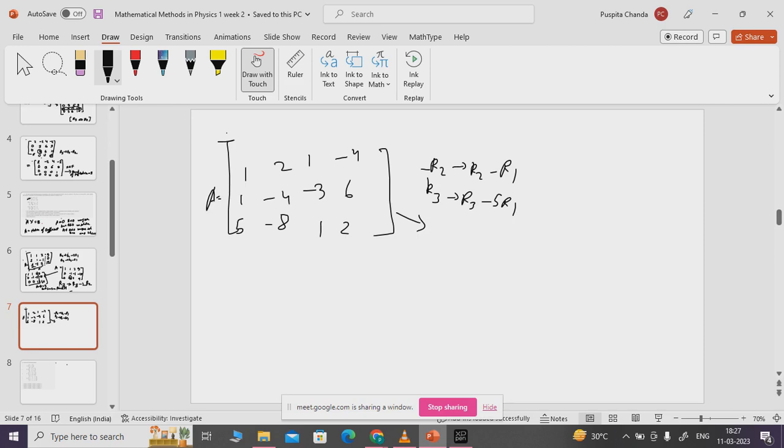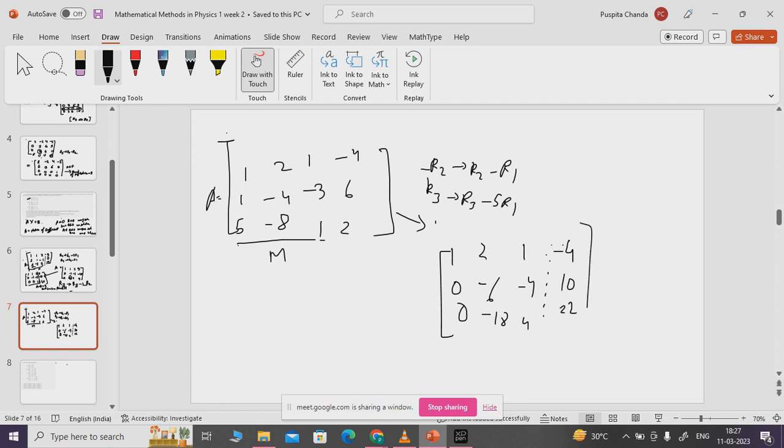It is matrix A, and only this portion is matrix M, and that will become 1, 0, 0, 2, minus 6, minus 18, 1, minus 4, 4, then 4, 10, minus 3, 2, like this.